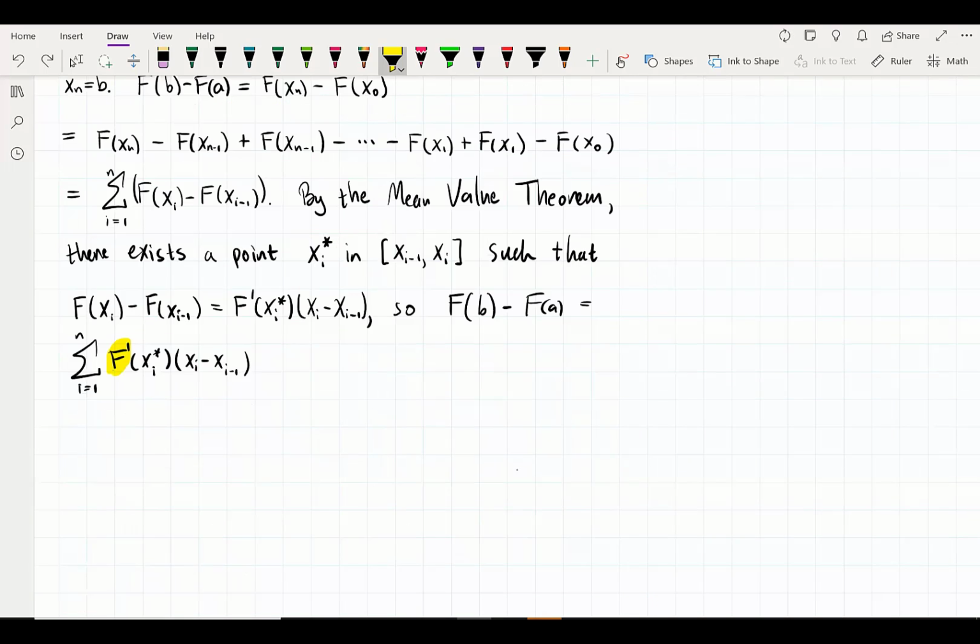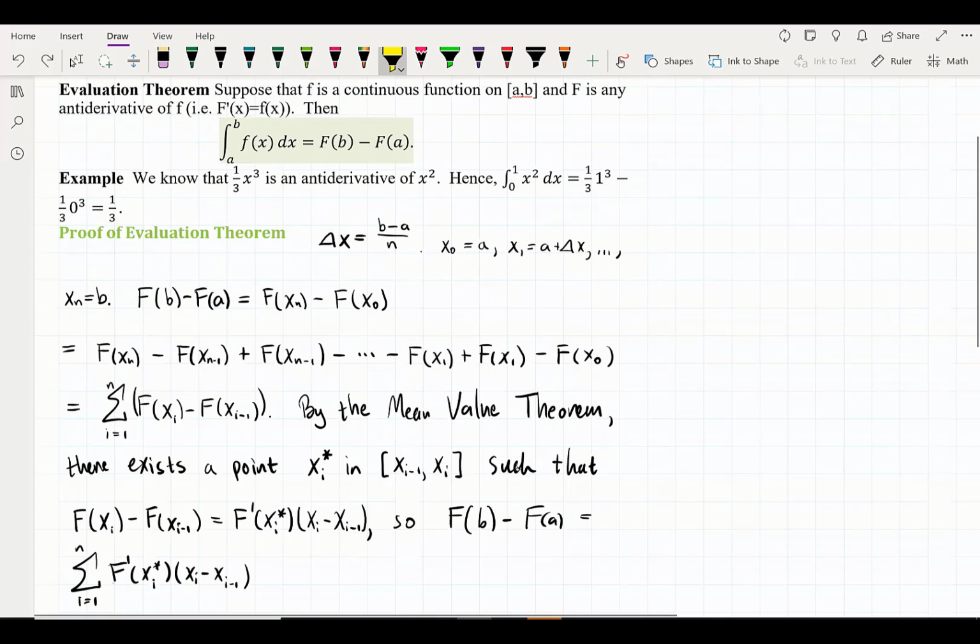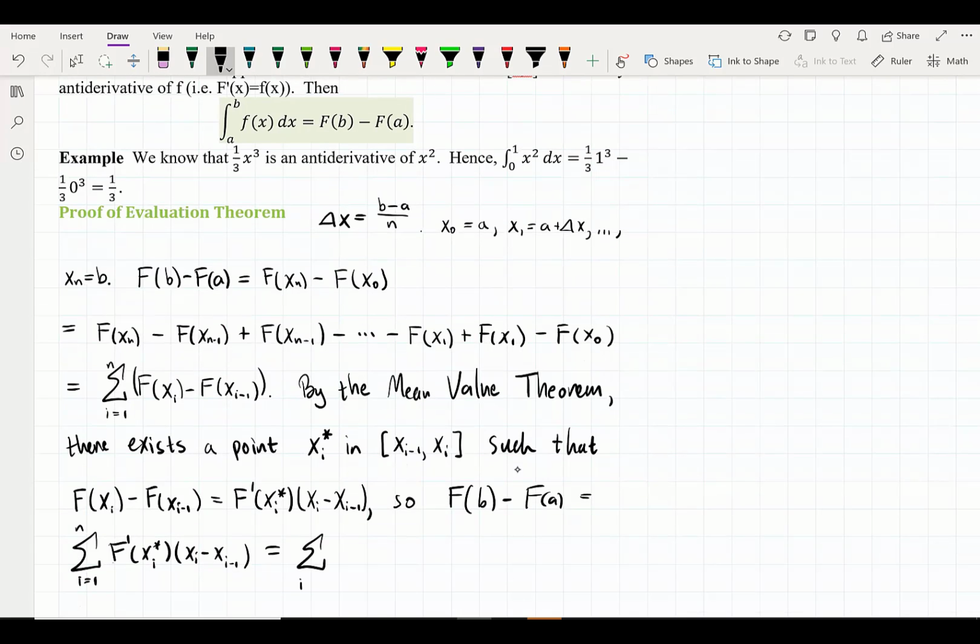My point is, this could also be written as the sum from i equals 1 to n of f of x sub i star delta x, which should remind everyone of a Riemann sum. That is exactly a Riemann sum.